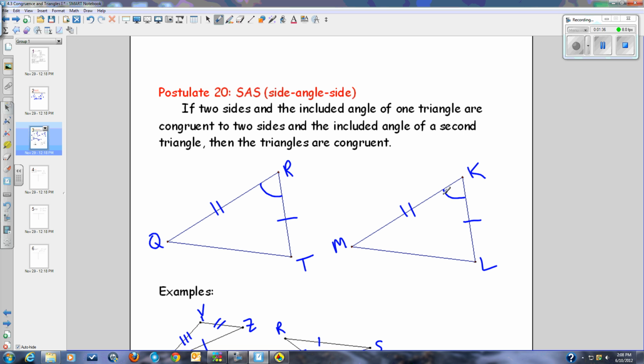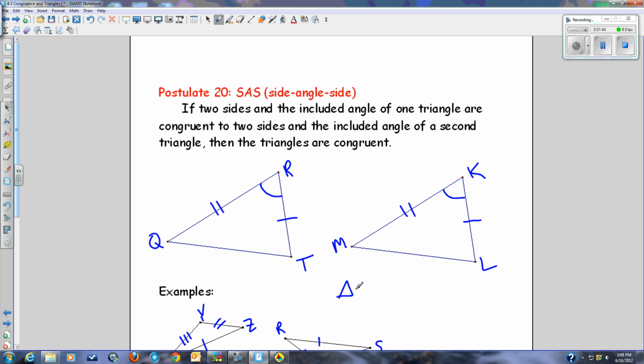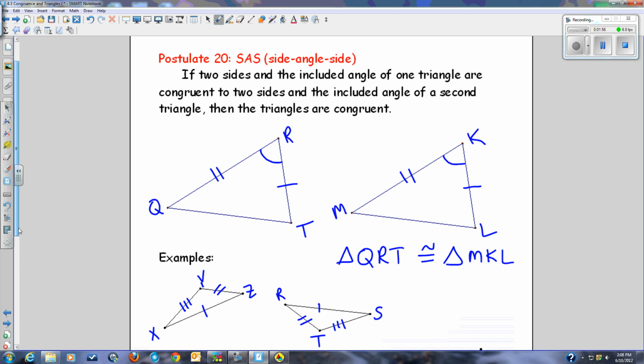That would be angle R and angle K. And so we have side, angle, side, side, angle, side. And so we can make the statement that triangle QRT is congruent to triangle MKL because of the side, angle, side postulate.